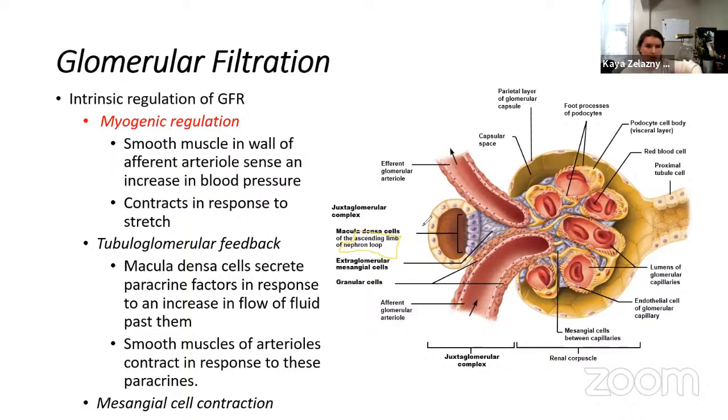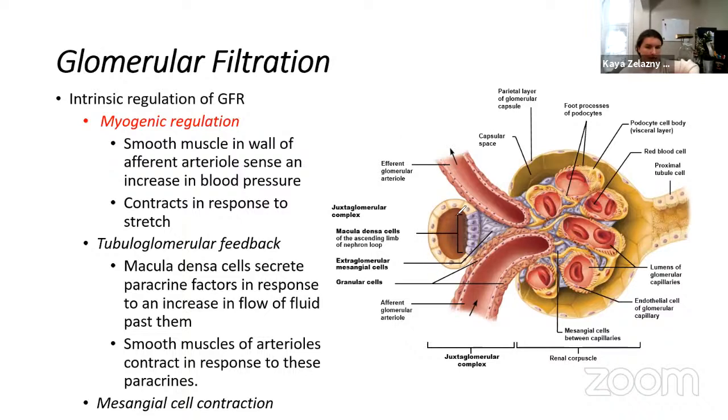Okay, so this part of the nephron has already had a lot of the fluids and other contents reabsorbed. We've done a lot of fiddling with the contents of the fluid here in the tubules. So the fluid here is going to have different concentrations than the fluid that we immediately filtered out at the beginning.